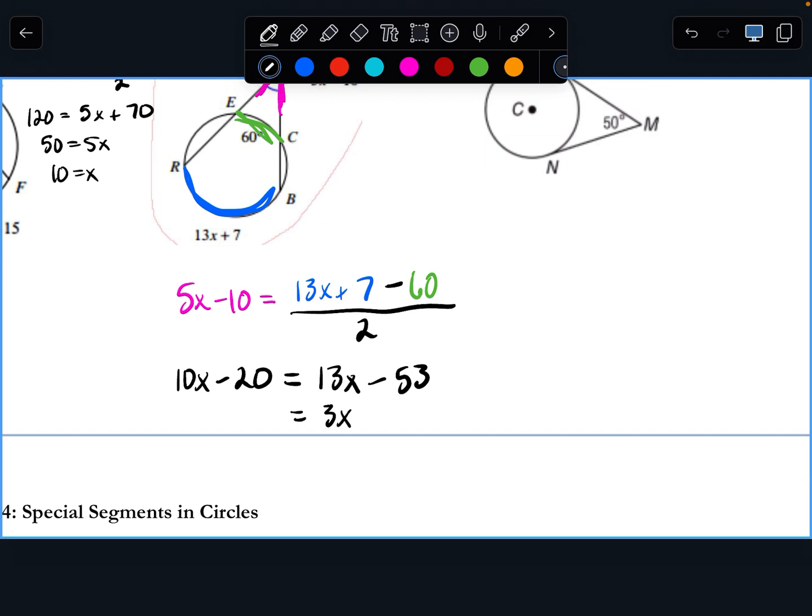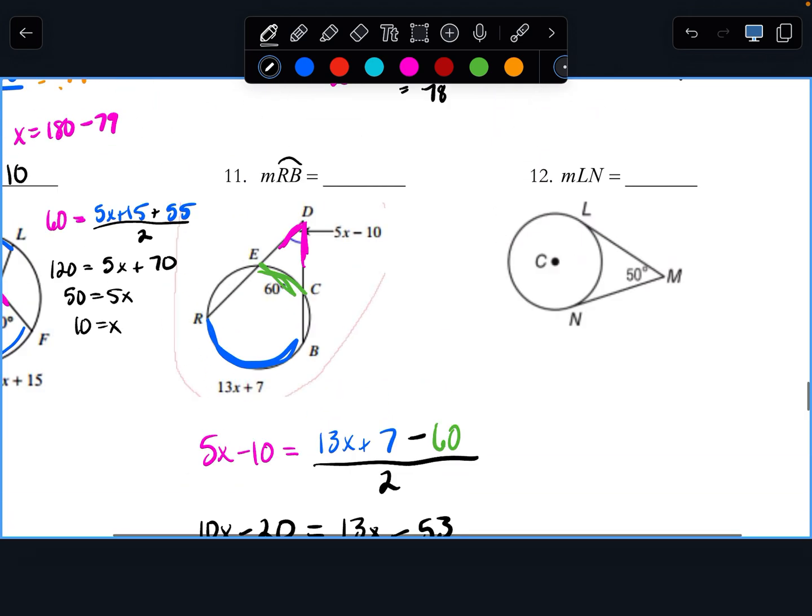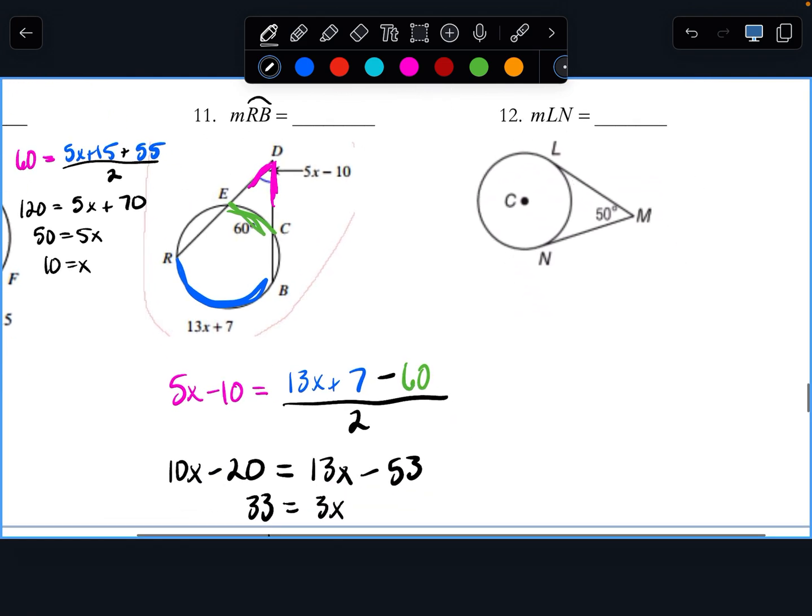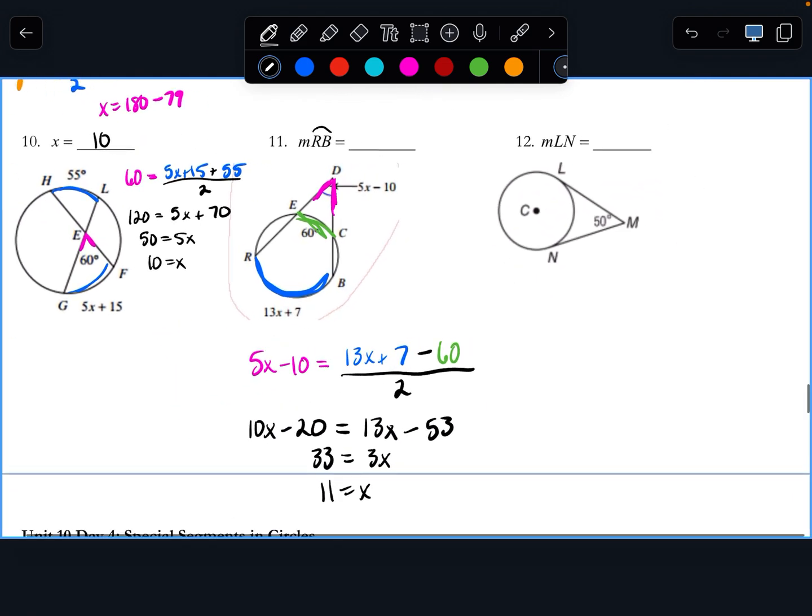So we get 3x and then 33. So we get 11, I think, if I did my math right. And then, I gotta find the arc. Dang it. All right, so to find arc RB, you just plug it in, right? So RB is 13x plus 7.